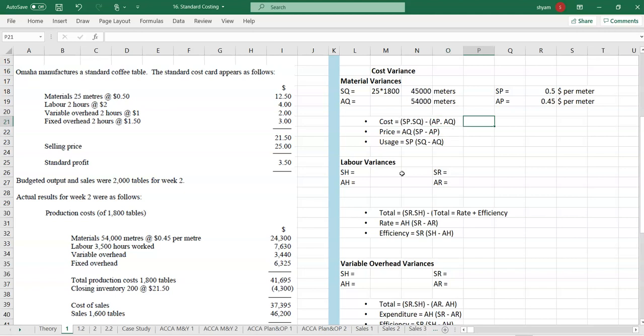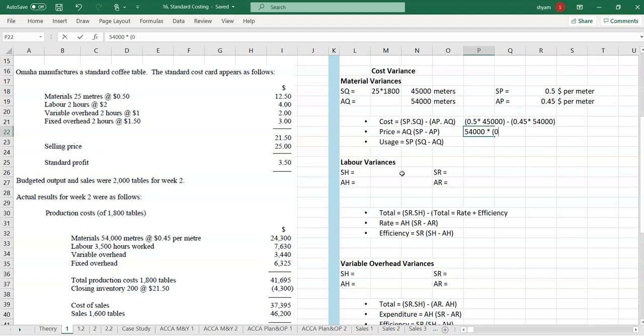So first we'll do cost variance. So SP into SQ. SP is 0.5 into SQ, which is 45,000 meters, and AP into AQ. AP is 0.45 into 54,000 meters. So we'll still work out the other ones, and then we'll move on. Again, what is AQ? 54,000 meters into SP minus AP.